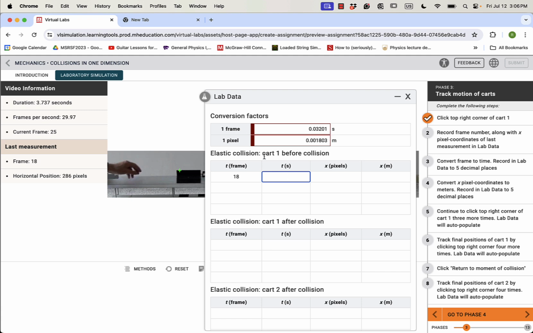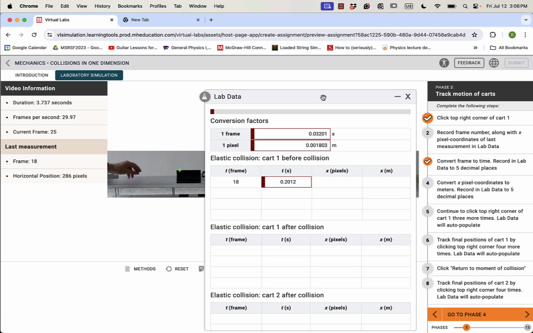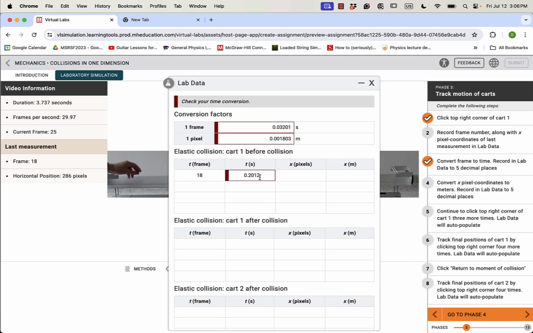0.0321 seconds. Okay, so you will need to multiply that. I'll just put some number here. I will let you guys do the calculation. So let's say that's 0.2012, like that, which is not the right answer, but I'm just putting some random number. And then the horizontal position is 286 pixels.